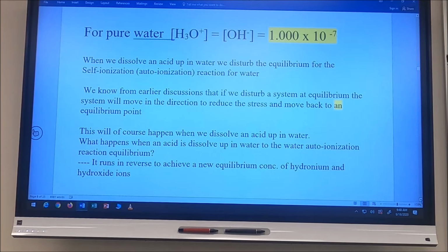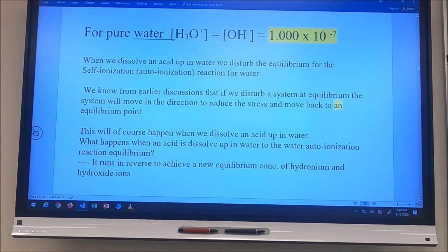When we dissolve an acid up in water, we disturb this self-ionization, autoionization reaction. Okay? Le Chatelier's principle is going to come into play here. So we've disturbed the system from equilibrium, we've introduced a stress, an acid or a base. So when we dissolve an acid or a base up in water, we're going to disturb this equilibrium.